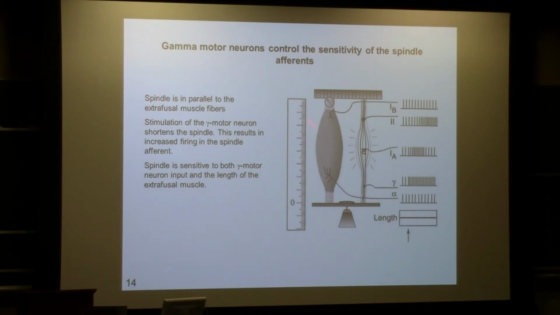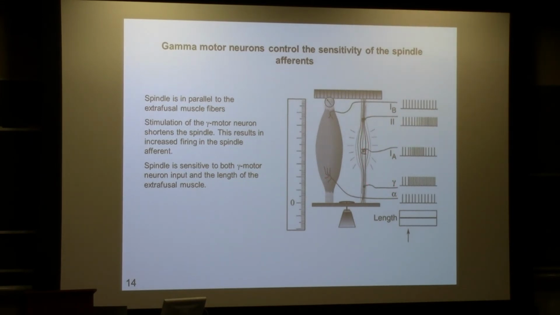Okay, so muscle spindles are innervating the intrafusal fibers, and the intrafusal fibers are also innervated by a gamma motor neuron. So here's a gamma motor neuron that innervates the intrafusal fiber. And here's the extrafusal fiber, the cartoon, just to show you the extrafusal fiber that gets innervated by the alpha motor neuron. And then there's this gamma motor neuron that innervates the intrafusal fiber.